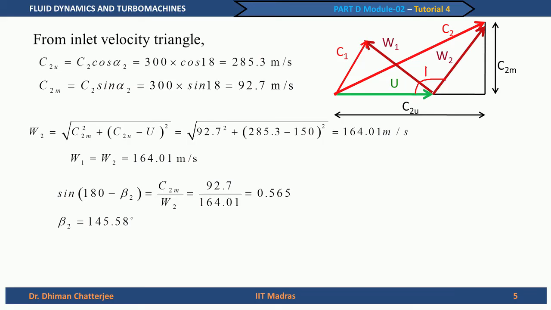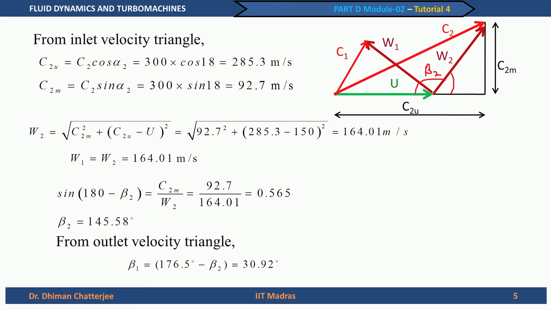So, sine of 180 degrees minus beta 2 is C2M divided by W2, and hence I get beta 2 as 145.58 degrees. Also we know that beta 1 plus beta 2 is 176.5 degrees, which gives me beta 1 as 30.92 degrees.